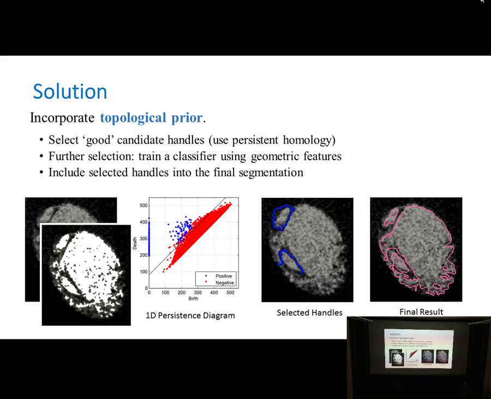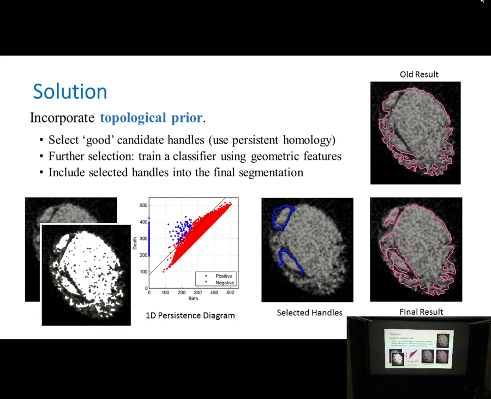Okay, so once we selected these handles, in particular in this case, I can see these two blue handles. Since I'm taking a 2D slice, part of the second blue handle was occluded, right? And then we force them to be part of the final segmentation. So that's why we have the result that has the trabeculation.